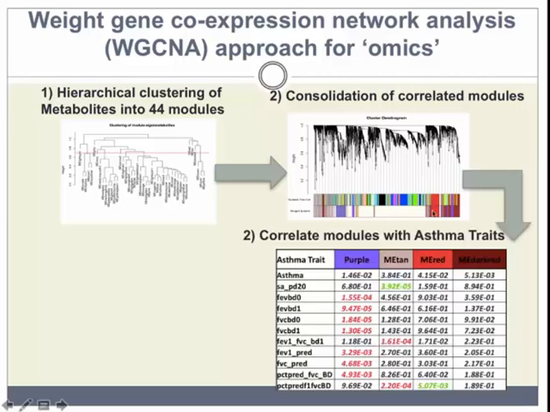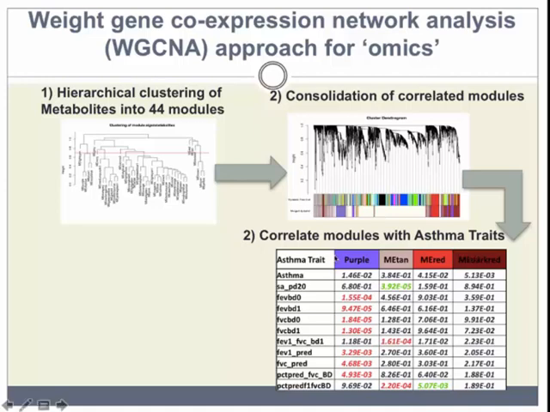The next step is we take those groups of genes and ask the question, do these groups of genes relate to asthma or asthma traits that are of interest? In this case, we take this group of genes down here, which is 4 groups, and ask, can we identify a group of genes associated with asthma?